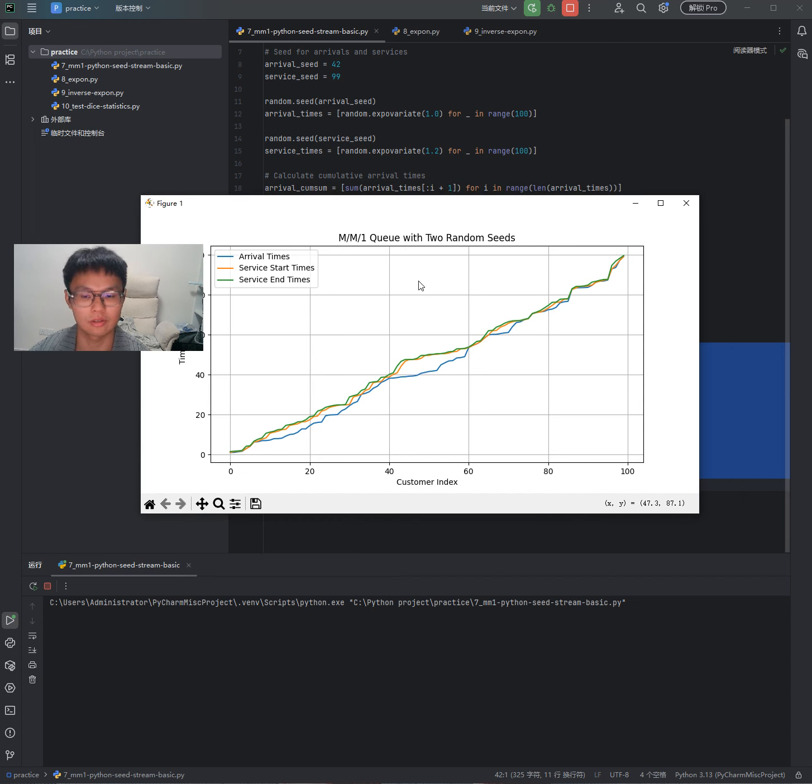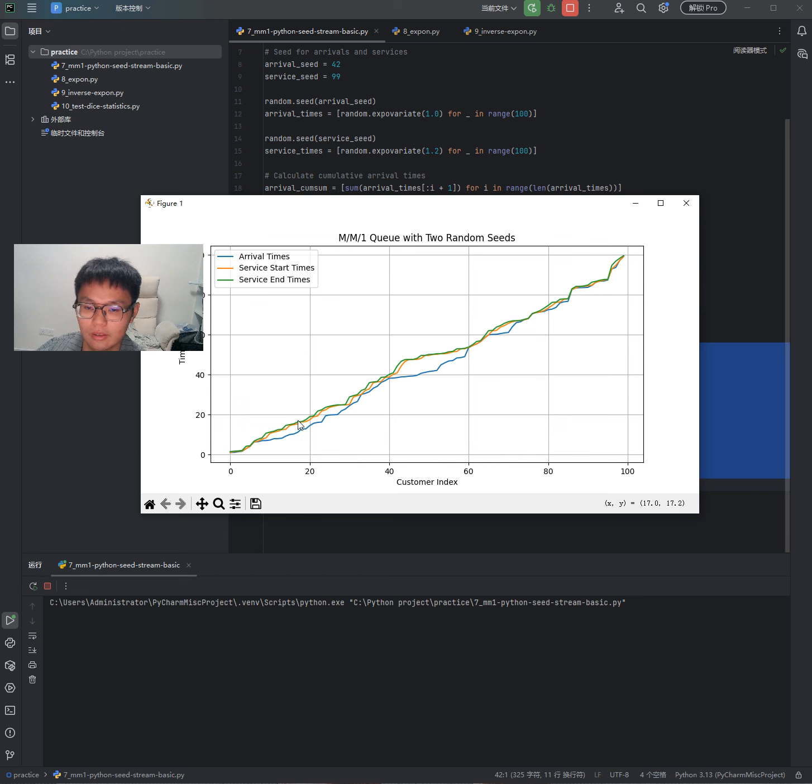This graph shows the results of our MM1 queue simulation. The blue line represents the arrival time of the 100 customers. The orange line shows when each customer starts being served, and the green line shows the service end time for each customer. We can observe that when the system is not busy, the service starts right after arrival.